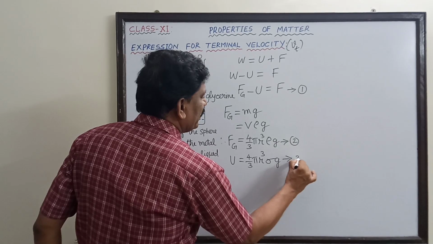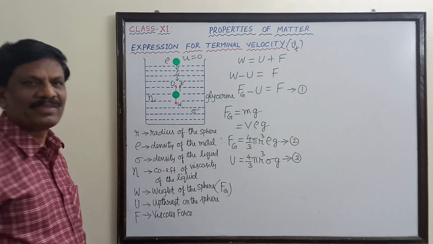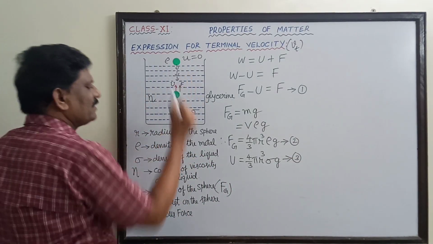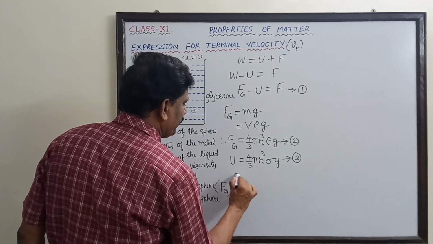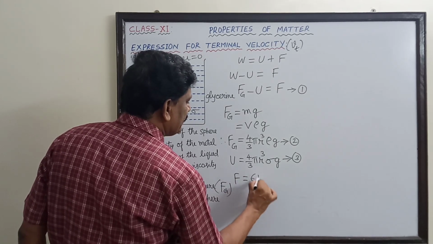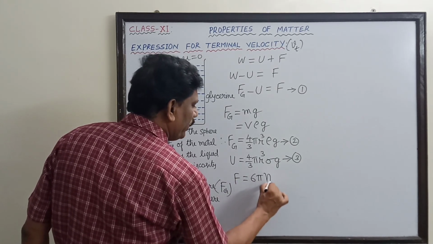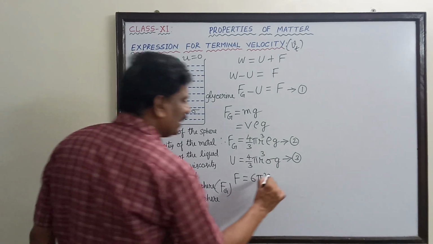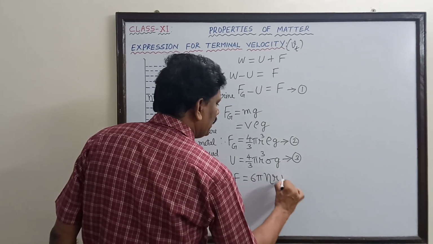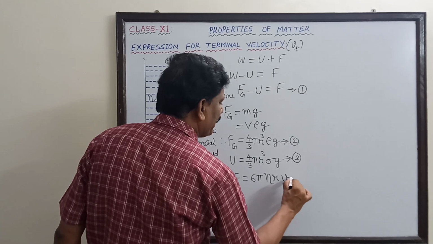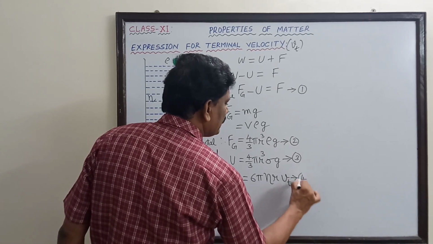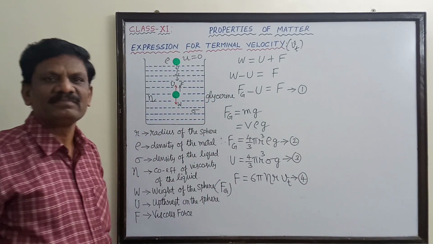So, this is equation 3. And the viscous force capital F is equal to 6 pi into the coefficient of viscosity eta into r into v, the terminal velocity. So, this is equation 4.